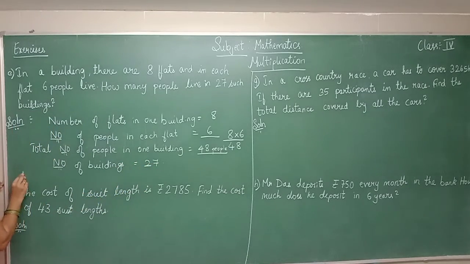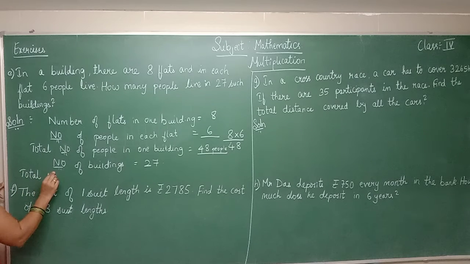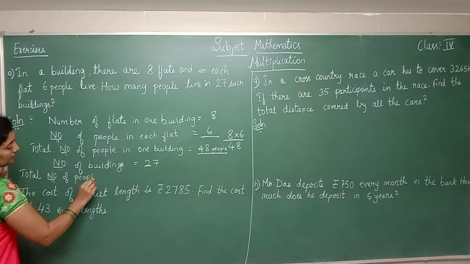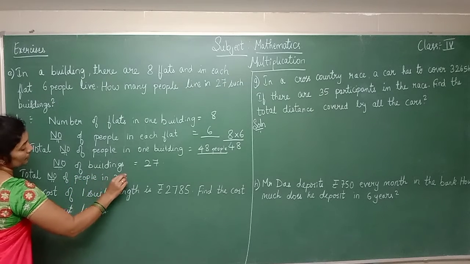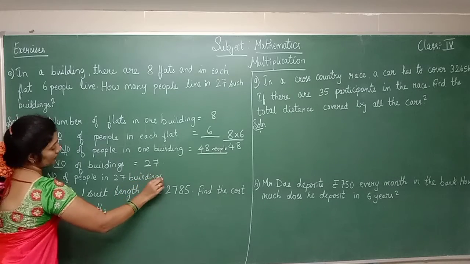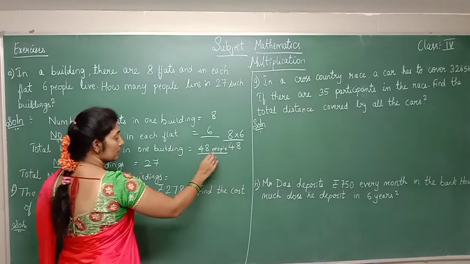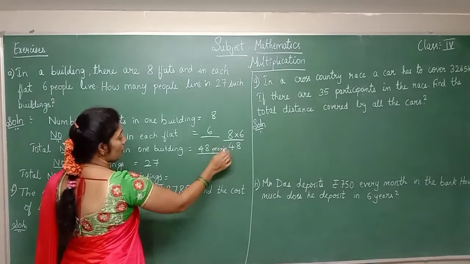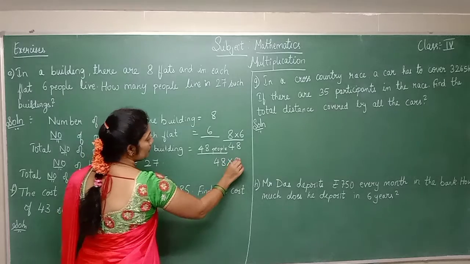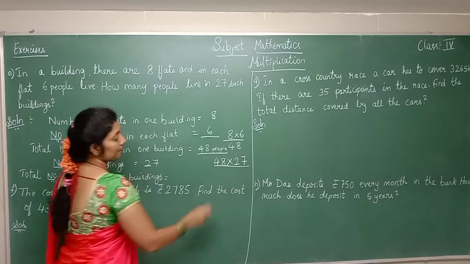How many buildings are there? 27. Now we have to find out total number of people in 27 buildings, which will be equal to how much? So I do the working column here, see. 48 people are there into 27 buildings.